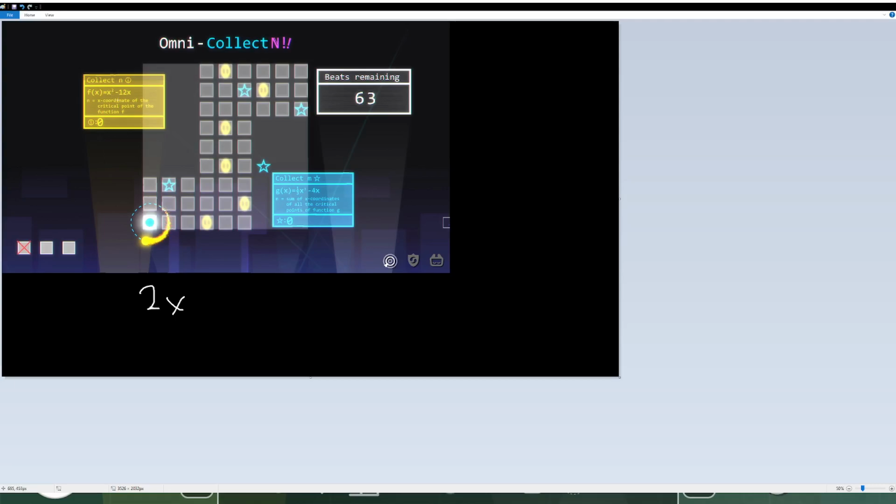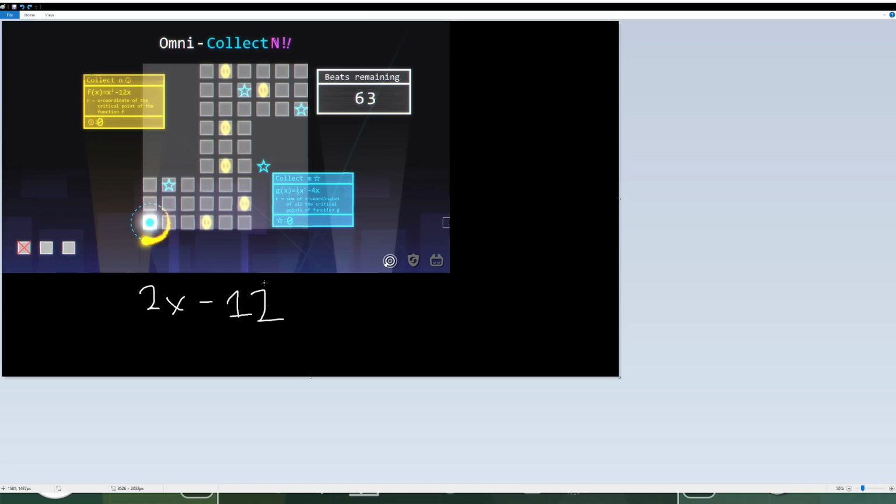And again, sum rule and difference rule, so we can also separate the minus 12x, which again just becomes minus 12. So 2x minus 12, and then to find critical points, you have to find ones where this would not equal a value, which happens with a quotient or logarithms, where if you try taking the logarithm of a negative number, it just fails.